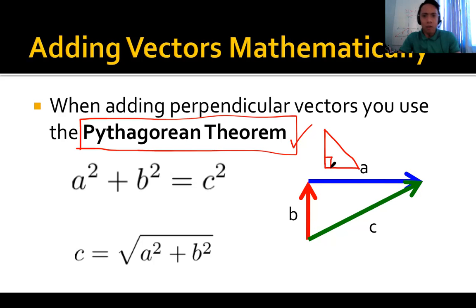Okay? So paano nga ba i-apply this one into the vector? Of course, we need to recall first, because you already did this in your grade 9, the formula for the Pythagorean theorem. We have a squared plus b squared equals c squared, where c is equal to the square root of a squared plus b squared.